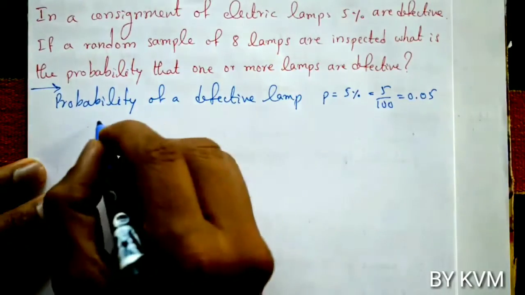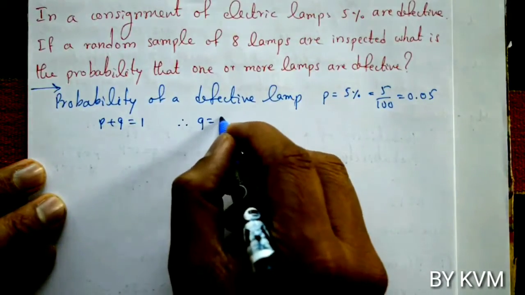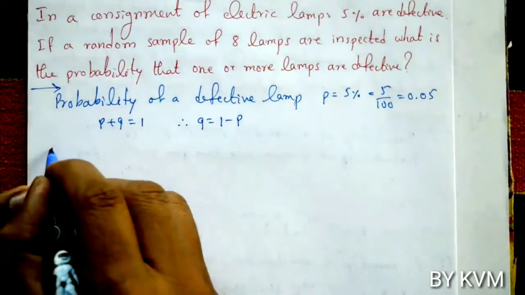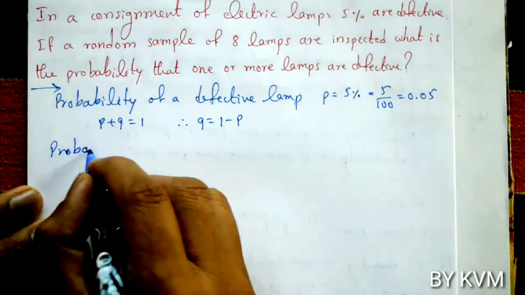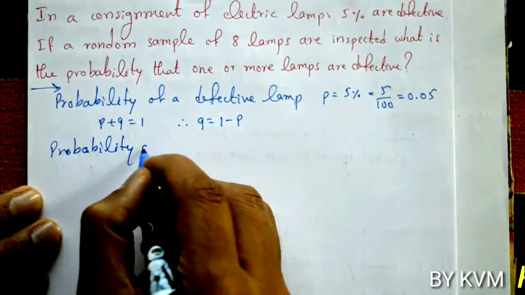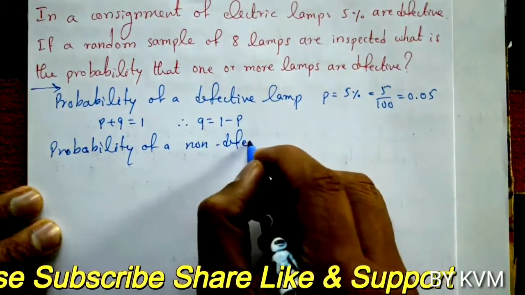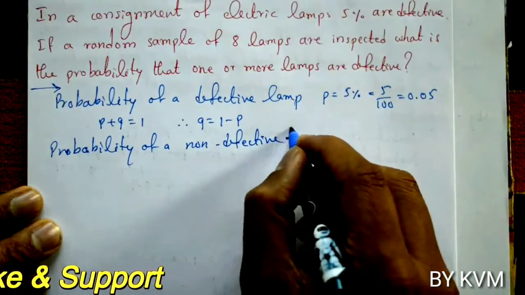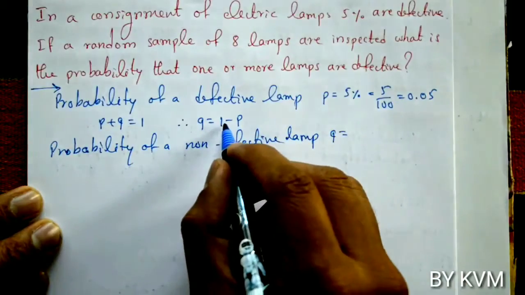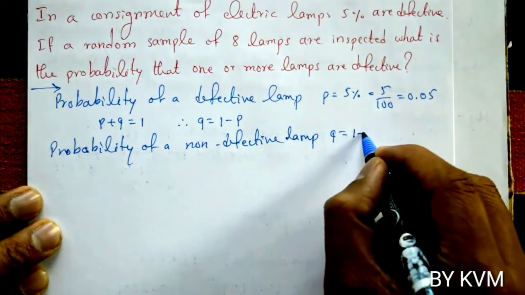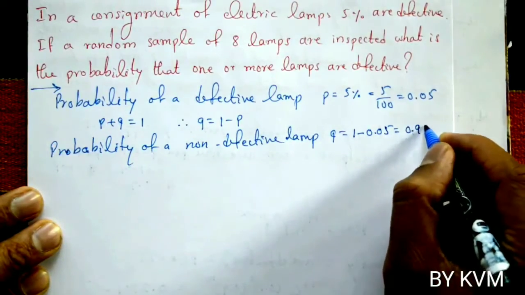If P is the probability of defective lamps, then Q is the probability of non-defective lamps. So we know that P plus Q equals 1, therefore Q equals 1 minus P. So now the probability of a non-defective lamp, that is Q, equals 1 minus P. So 1 minus P is 1 minus 0.05, that is 0.95.